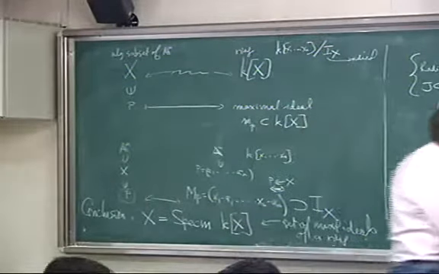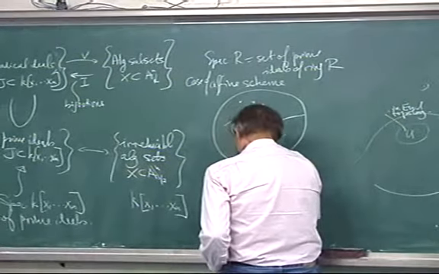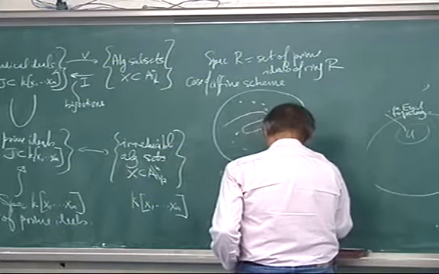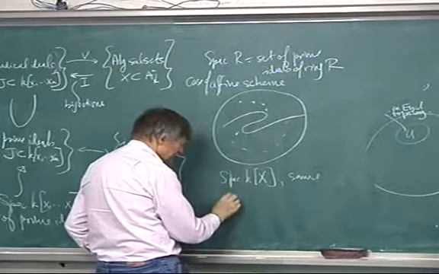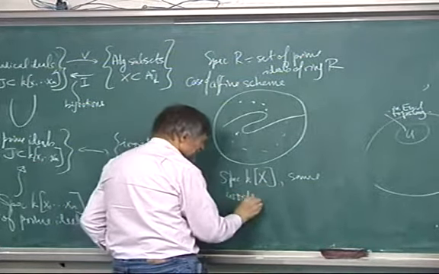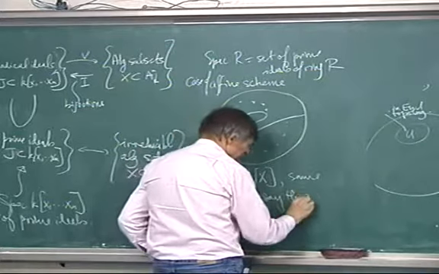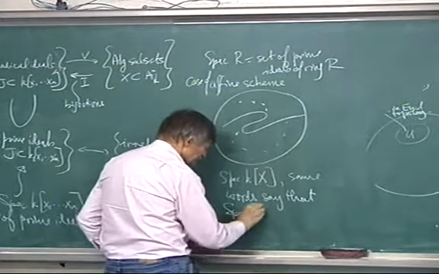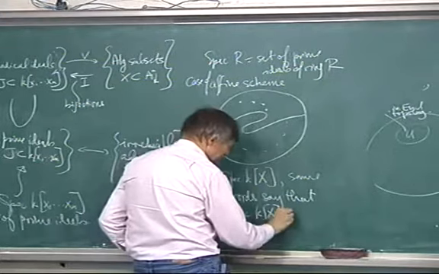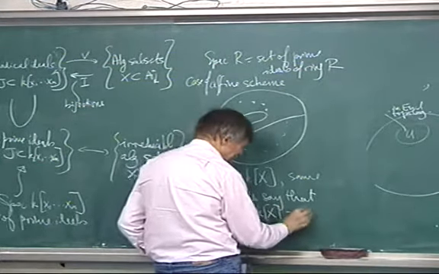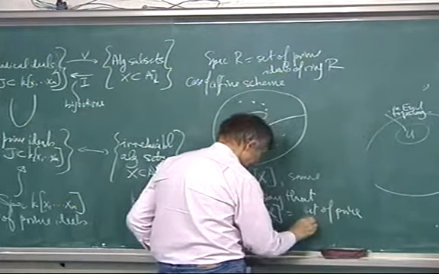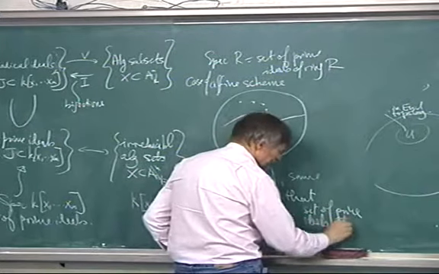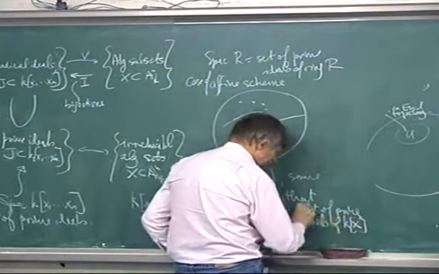And then, so if I do spec of K of X, then the same game, the same words say that spec of K of X is a set of prime ideals of K of X. Right?